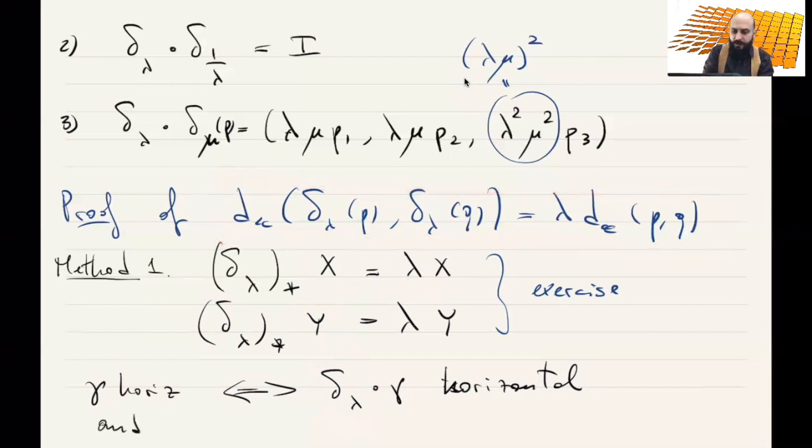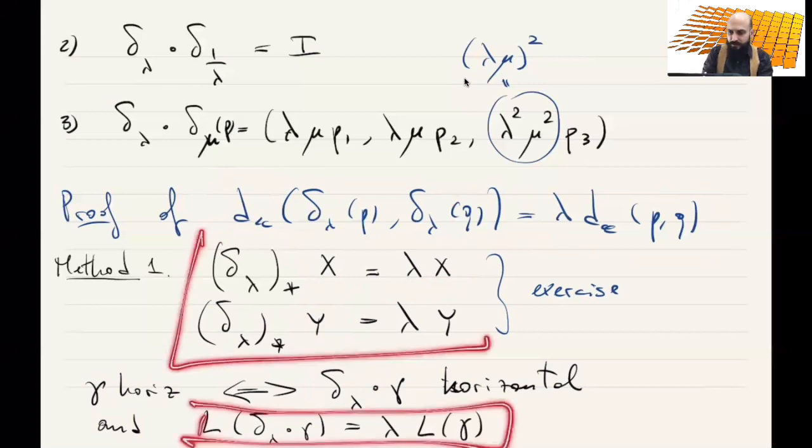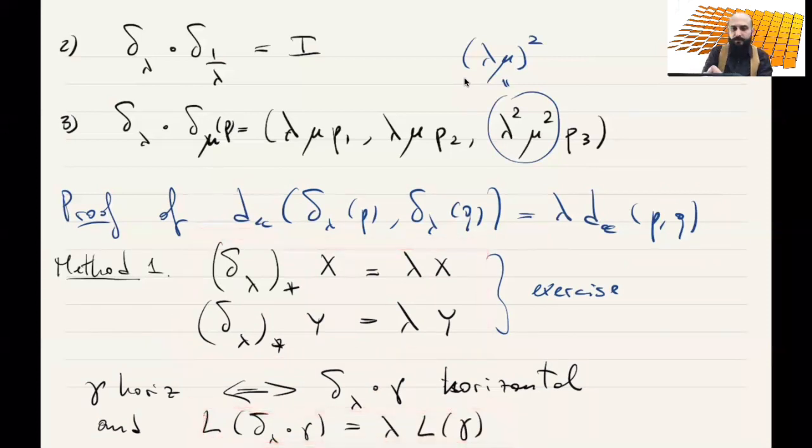And the length of delta lambda composed gamma is equal to lambda times the length of gamma. And this equation here is really an immediate consequence of this. So we have this. Okay, this was the first method. Second method.